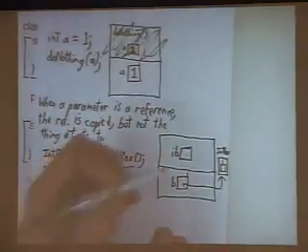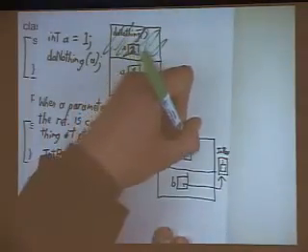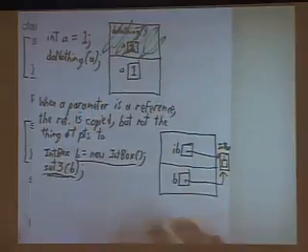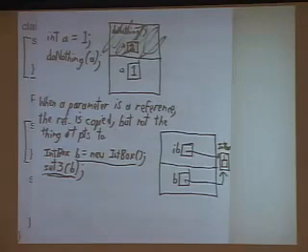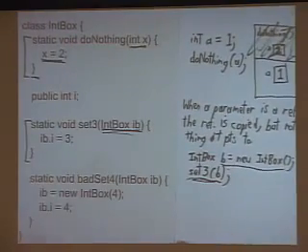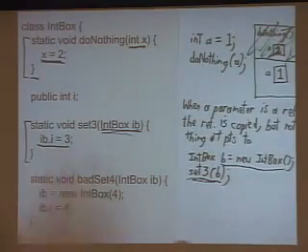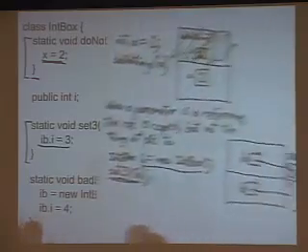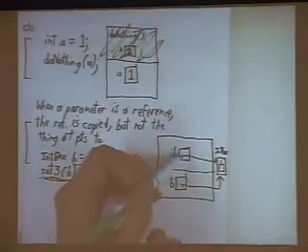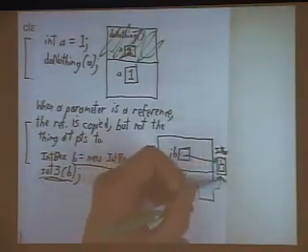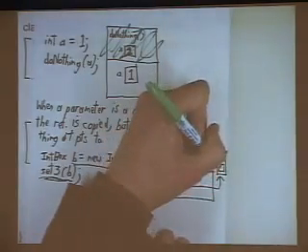And that parameter ib is a copy of b, because we always pass references by value, which means we make a copy of the reference. So now we have two references pointing to the same object. So the next thing that set3 does is it sets ib.i equal to 3. So we follow the ib pointer, we find the intBox, there's the variable i, and we set it to 3.